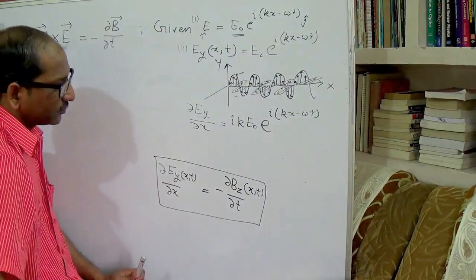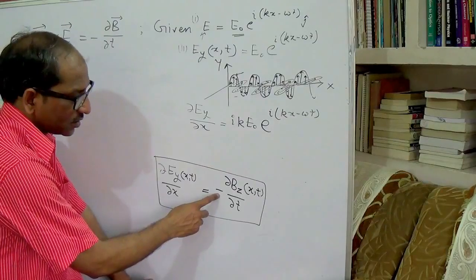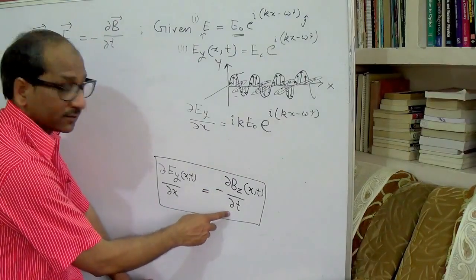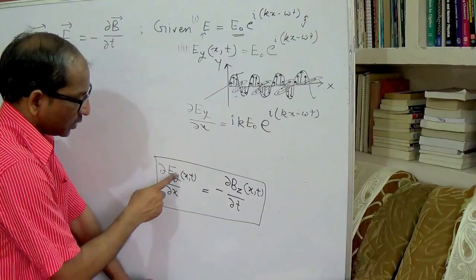Now the right hand side is minus ∂Bz/∂t, and the left hand side is ∂Ey/∂x.